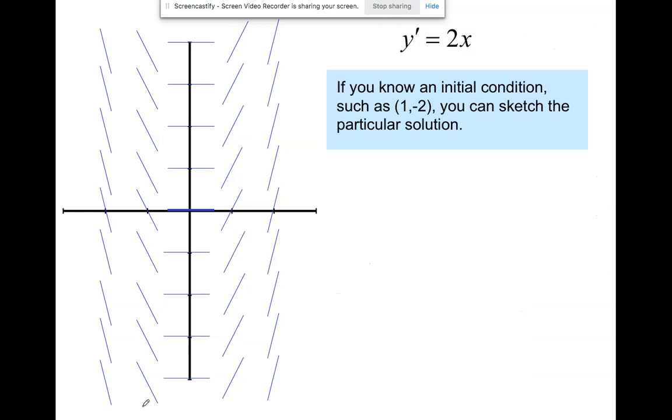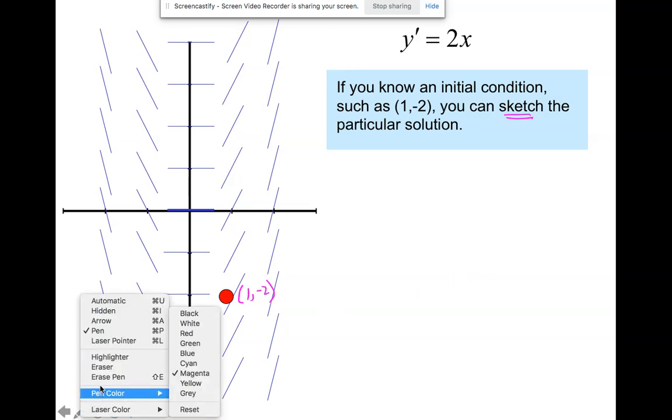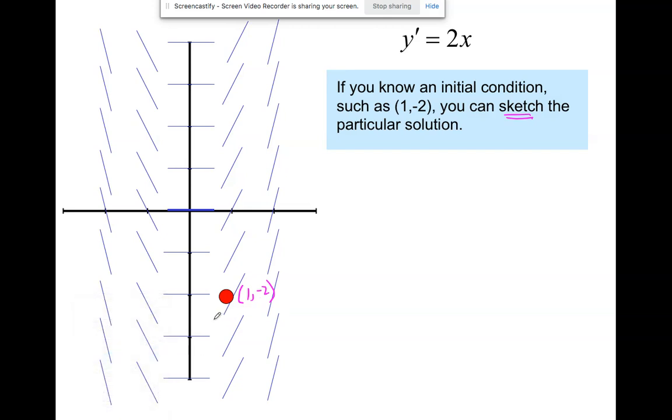Here's what AP will also ask you. If they give you the initial condition like 1, -2, plot that point and make it obvious. And then they're going to want you to sketch the particular solution. Now, I see x squared plus c, but they're going to ask you to sketch through an unknown.